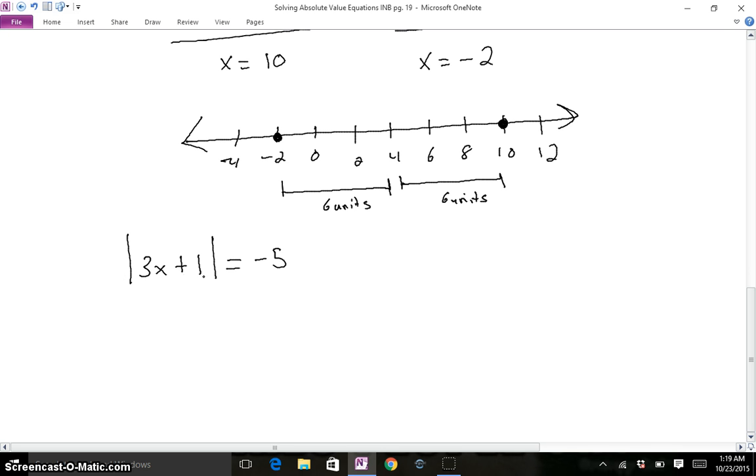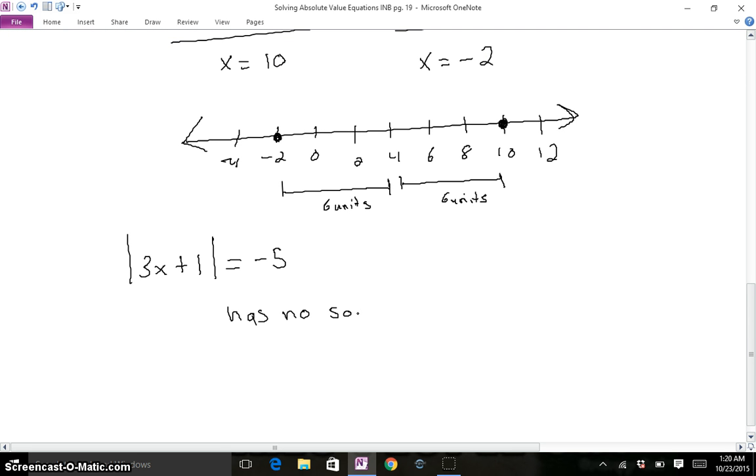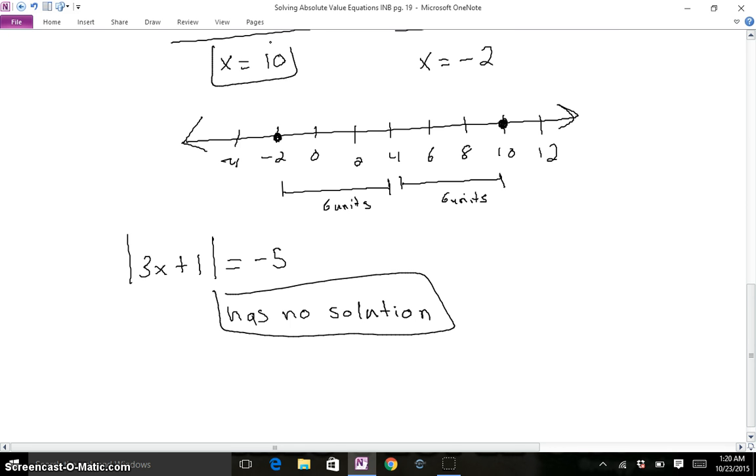Well, we have an absolute value expression equaling a negative number. This cannot be allowed. An absolute value cannot equal a negative. So therefore, this one has no solution. I should box my answers up here.